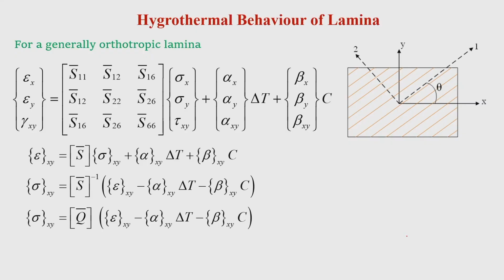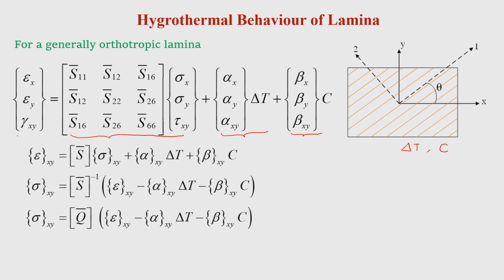Okay. So, if we now write for a generally orthotropic lamina, these are the thermal strains if it is subjected to delta T, and these are the moisture strains if it is subjected to moisture content change of C. And in addition to that, this is the strain because of the stresses sigma x, sigma y, tau x y.